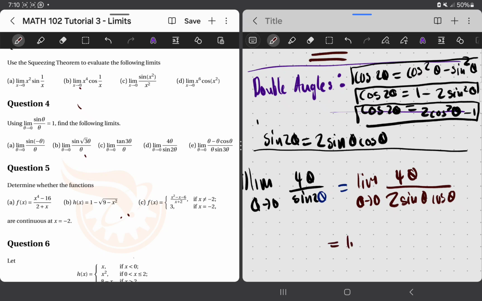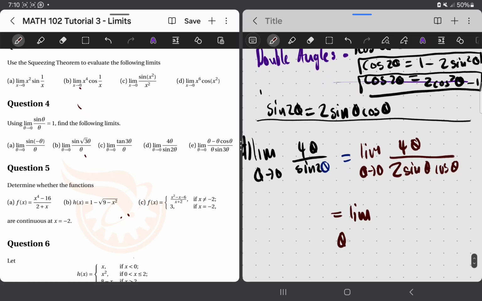Well, there are many ways to solve. So it's going to be the limit as theta goes to 0 of, now we can say 2 into 2 is 1, into 4 is 2.